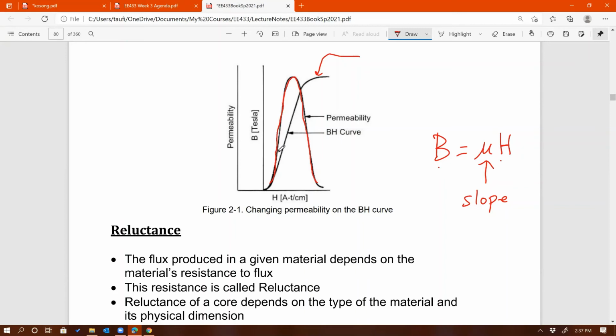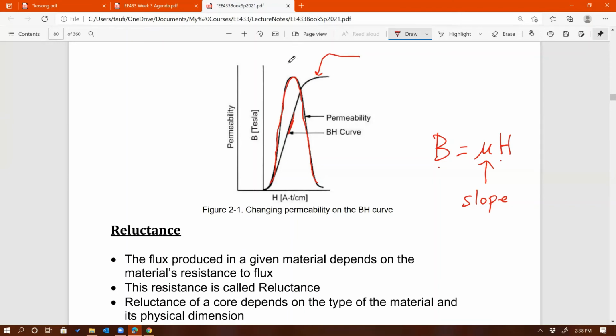So you can see that the slope now becomes constant. Or sorry, not constant slope. Around this area, it gives you the maximum slope, and then the slope gets smaller and smaller until it goes to zero again.